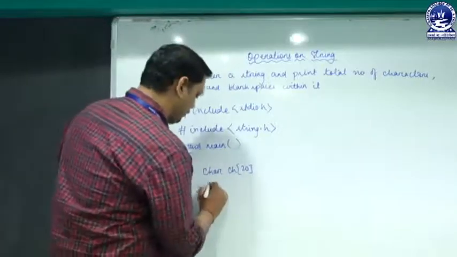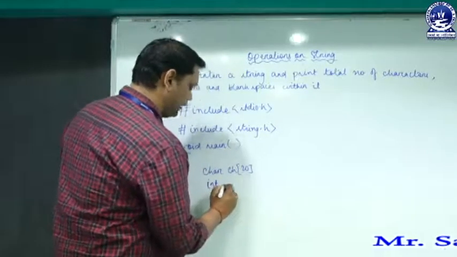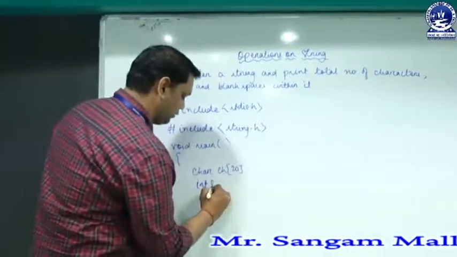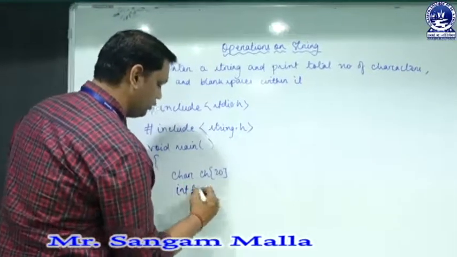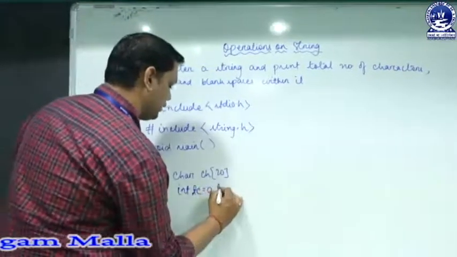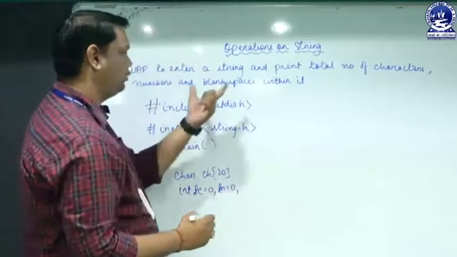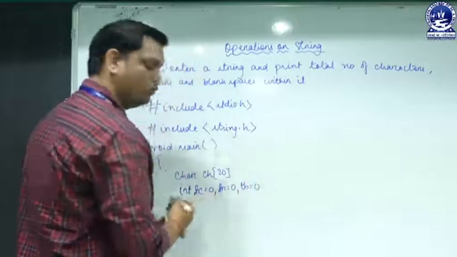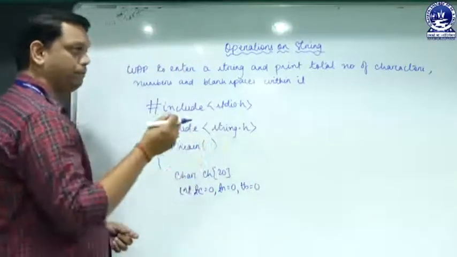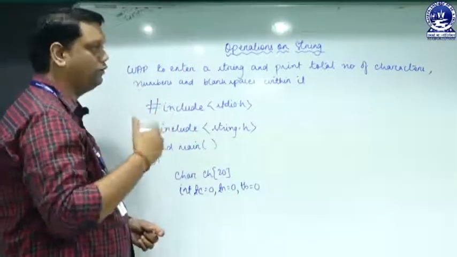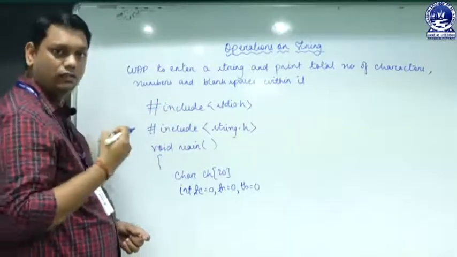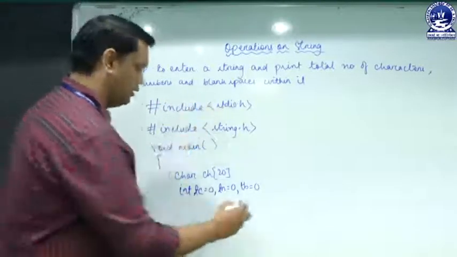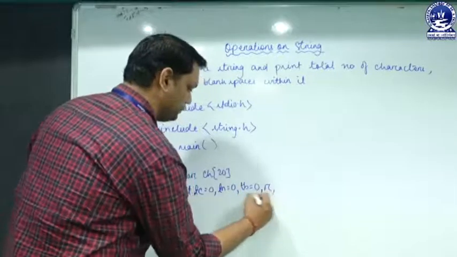Let's say I will take int tc equal to 0 for the total number of characters, tn equal to 0 for the total number of numbers, and ts equal to 0 for the total number of blank spaces. And we have to take a variable through which we will extract each character from the string. So let's say we will take r.